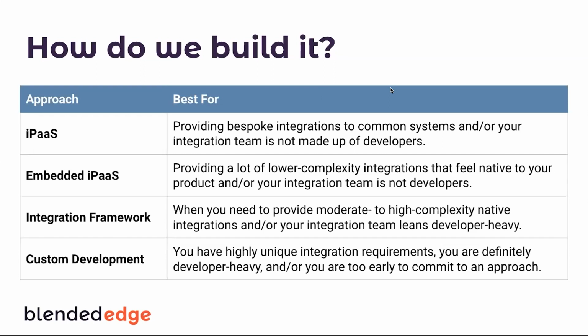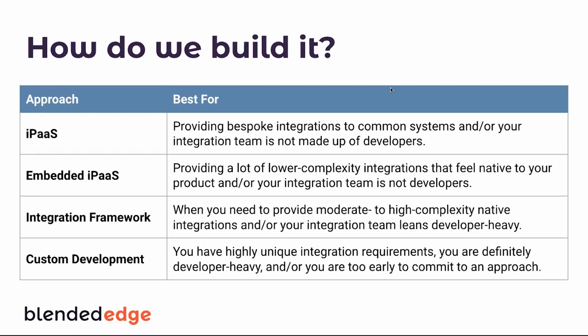There's a class of iPaaS called embedded iPaaS, and this is where you take that same technology and sort of white label it into your product to expose to your users in different ways to give them the integrations. The way these look is very different depending on the vendor, but basically what they're trying to do is take that same experience that you'd have as a customer of an iPaaS and expose it through your product to your customers. Taking it a little further down the complexity scale, you have integration frameworks that you can embed in your software.